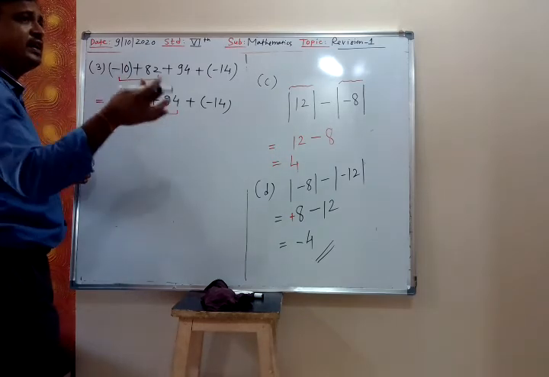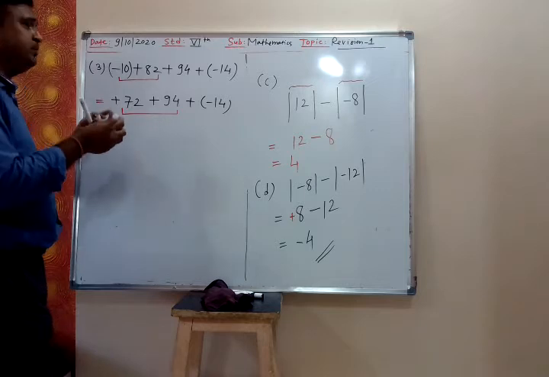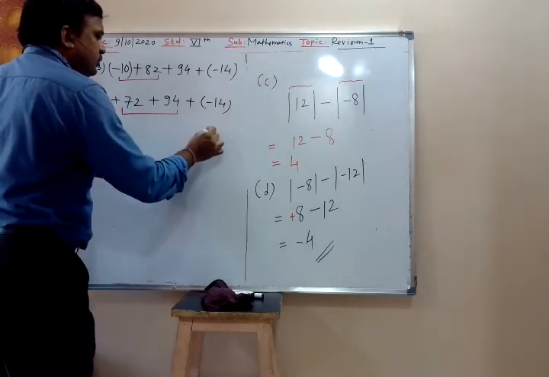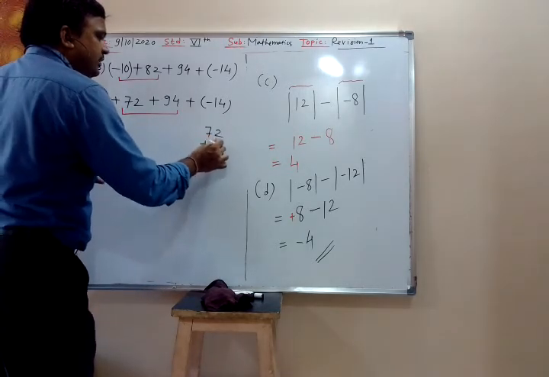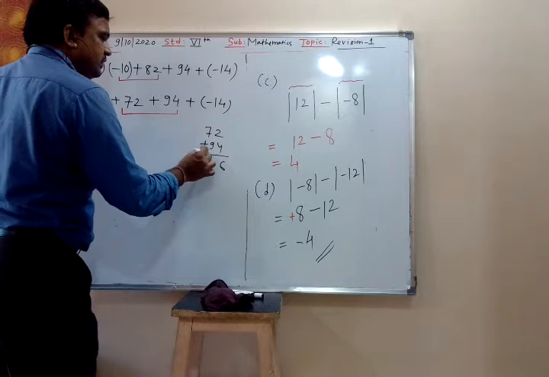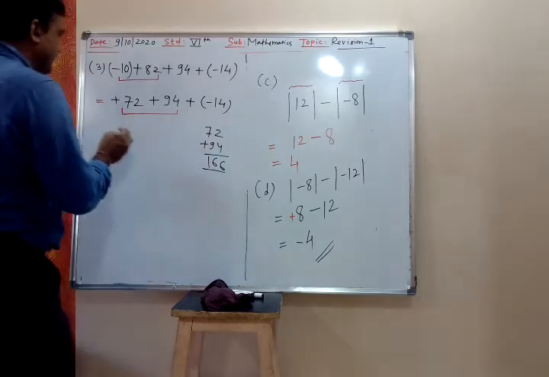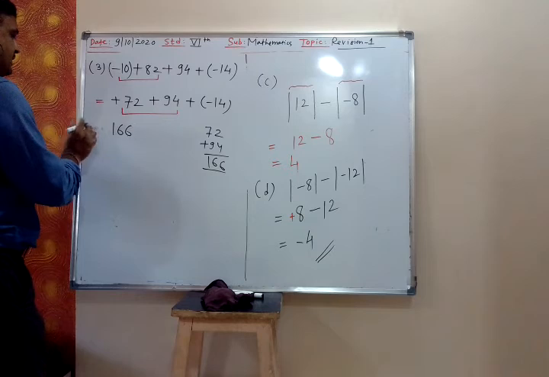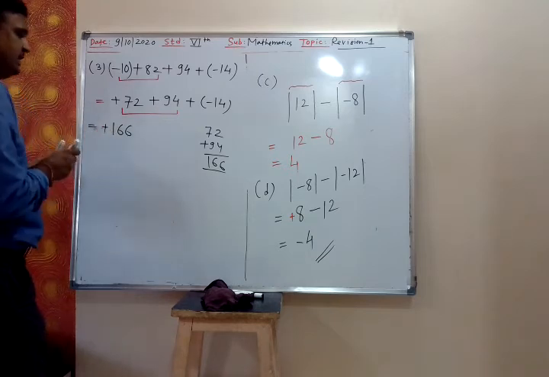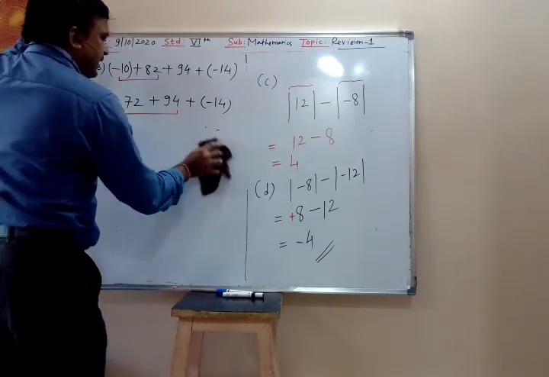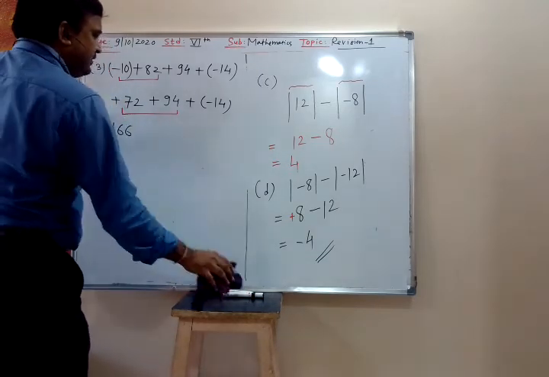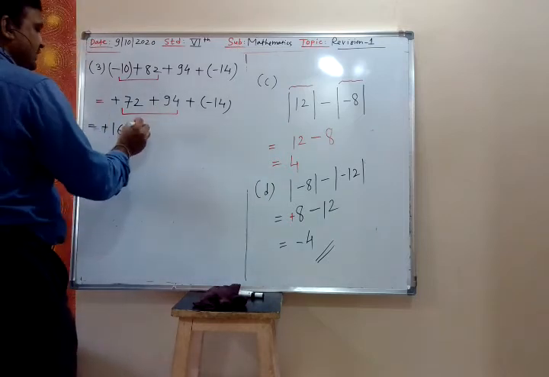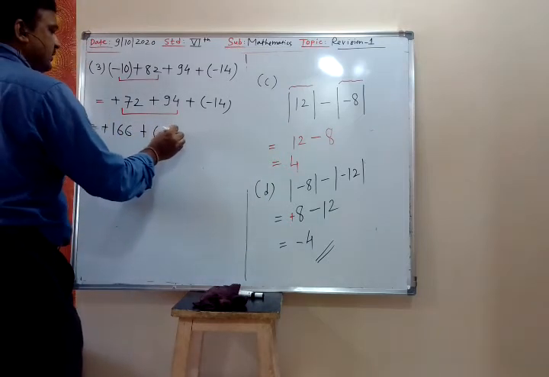So they have the same sign. Whenever they have the same sign, you have to add. 72 plus 94: 4 plus 2 is 6, and the total is 166. We write plus 166. Then the last number we write as it is, plus minus 14.